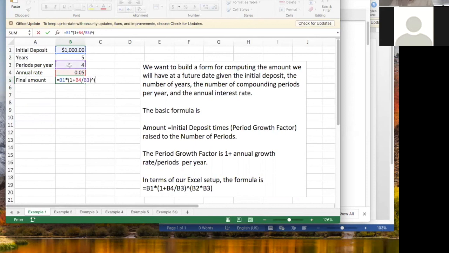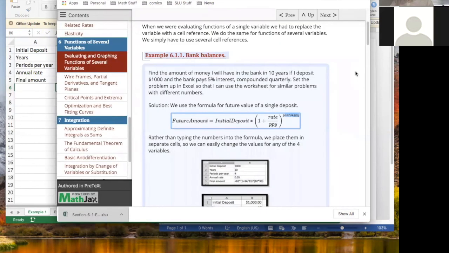And the power we want to raise it to is the number of years times the number of periods in a year. So instead of thinking of 5% for 5 years, we're dividing it, so 1.25% per quarter, and we've got 20 quarters. And so that gives us $1,282.